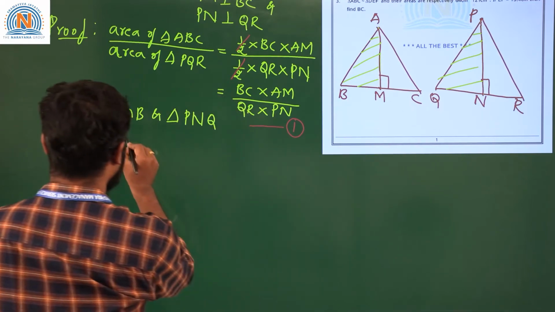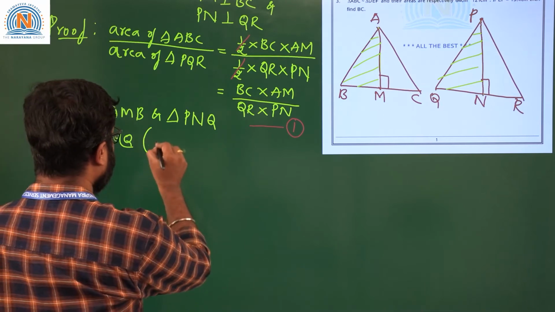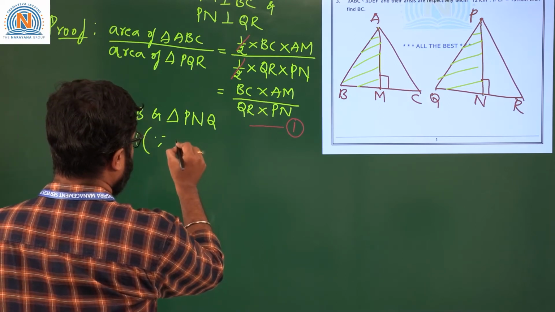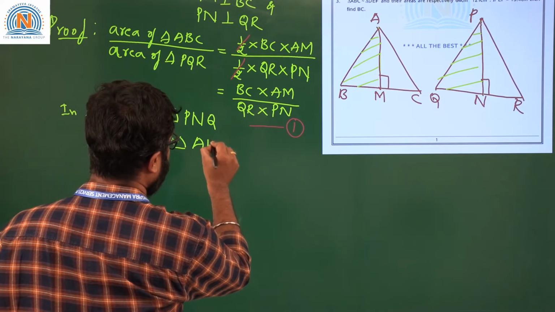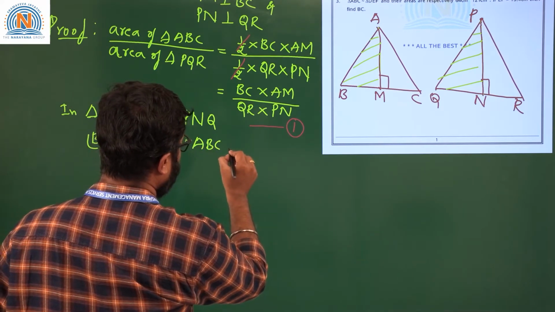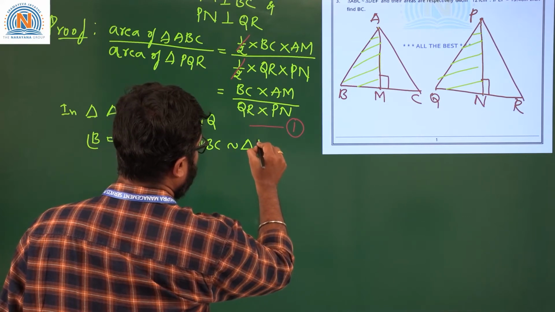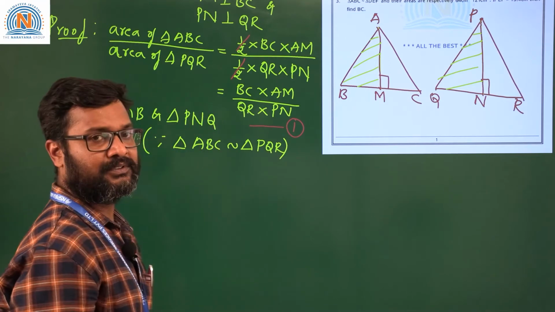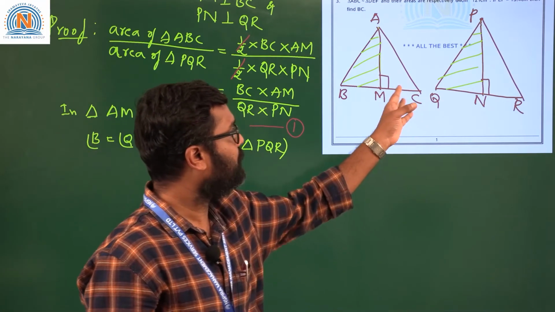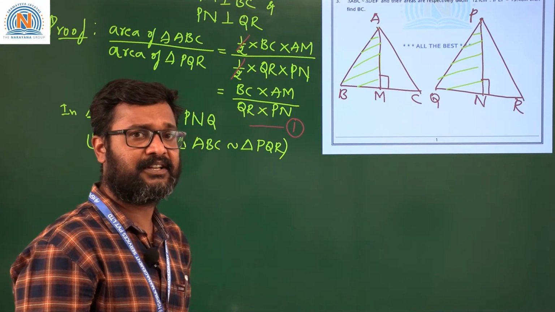Angle Q, isn't it? Why, children? Since triangle ABC is similar to triangle PQR, isn't it? So if any two triangles are similar to each other, then their corresponding angles are equal.